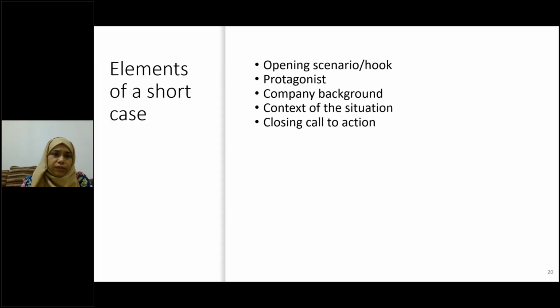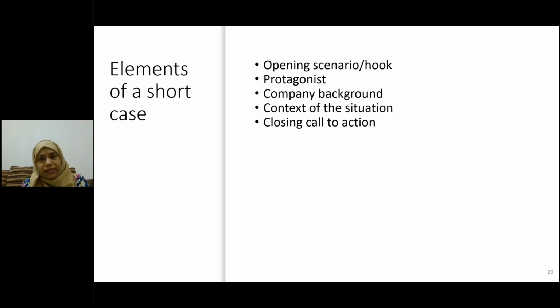Okay, so in terms of elements, these elements are similar to the traditional cases. So we should have an opening scenario. Some people say opening gambit, some people say opening hook. No matter what, at the beginning we have to explain the problem, the situation.